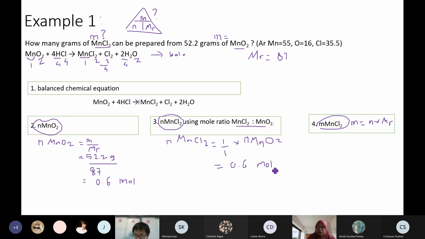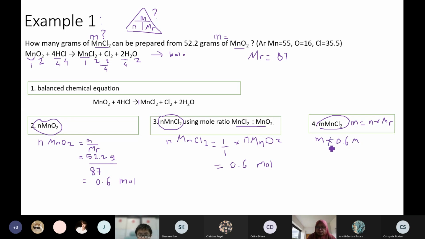And then let's calculate the mass. The formula of mass is moles times Mr. What is the moles of MnCl2? 0.6.